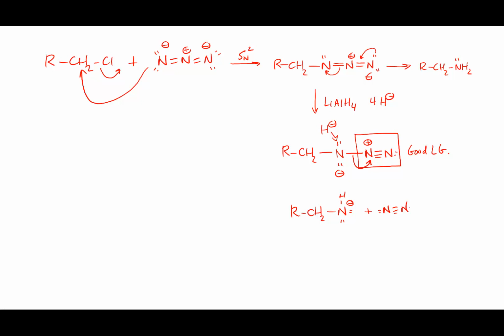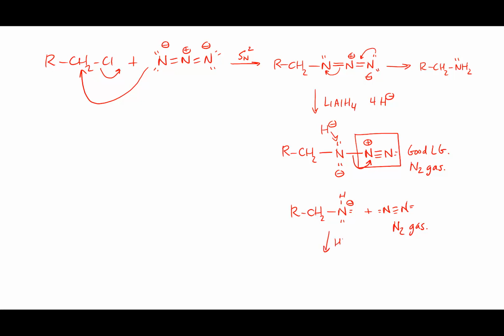So then we'll end up forming nitrogen gas. So this is a good leaving group, because basically that's nitrogen gas that's going to leave. Okay, so the H minus will come in and basically do like an SN2 reaction. Okay, I still have an N minus here.